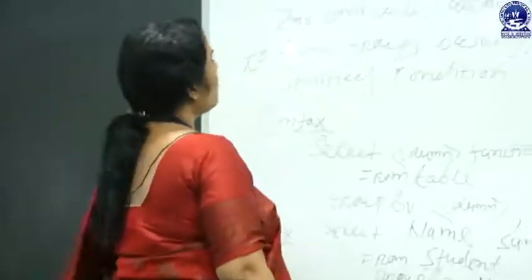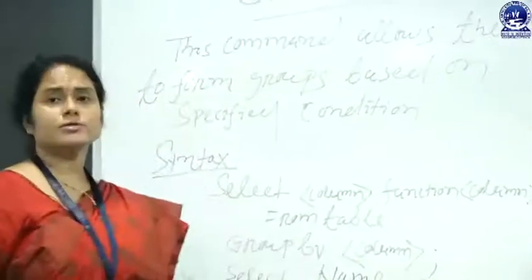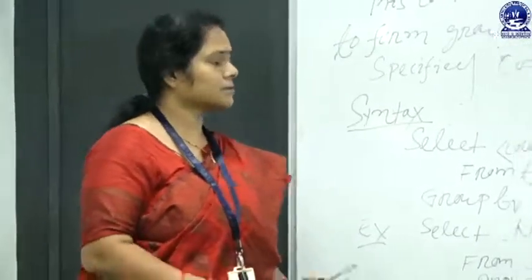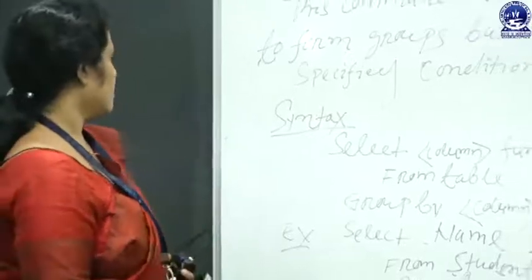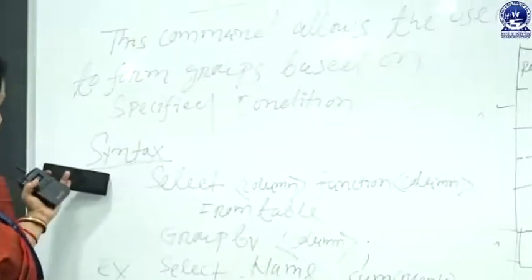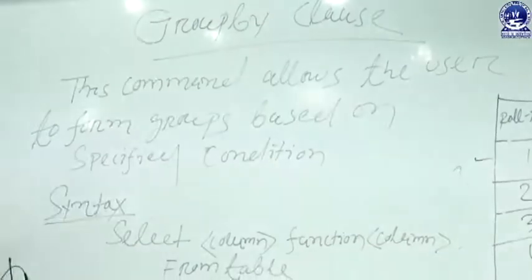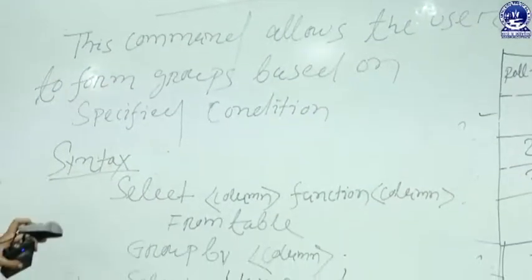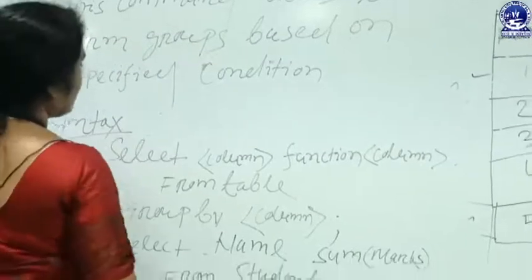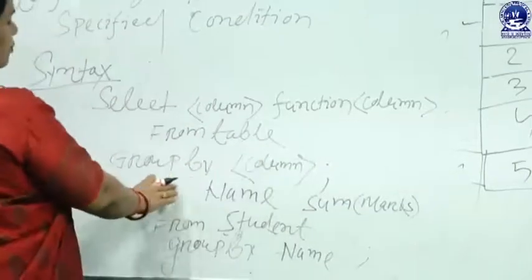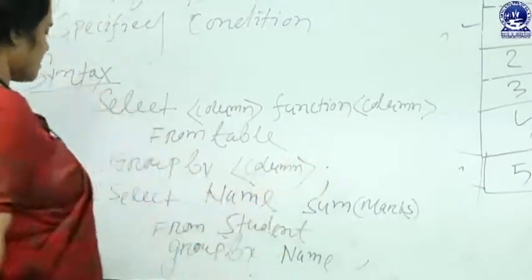Next one is the group by clause. This command allows the user to form groups based on a specified condition. Let us take an example. First write the syntax: select column function, column name from table group by column, then semicolon.